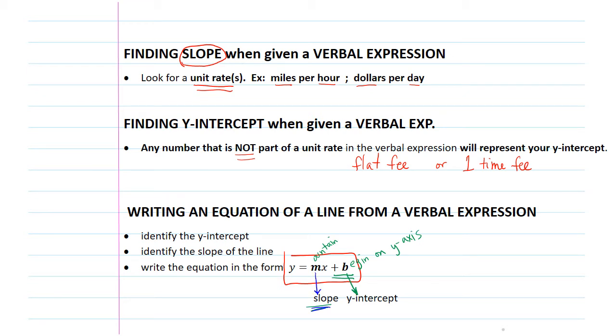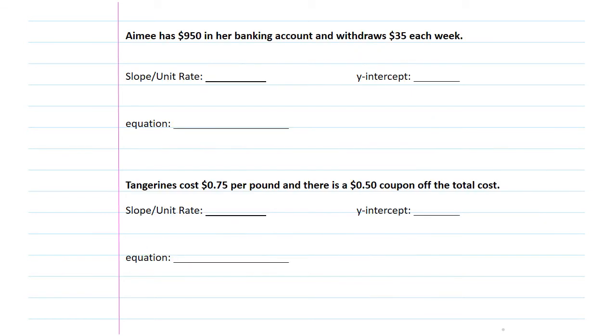Then we will write the equation in this format. Your equation will always have y equals something x, and then plus or minus, depending on if your y-intercept is above or below the x-axis. Moving on to the next slide for a couple examples.